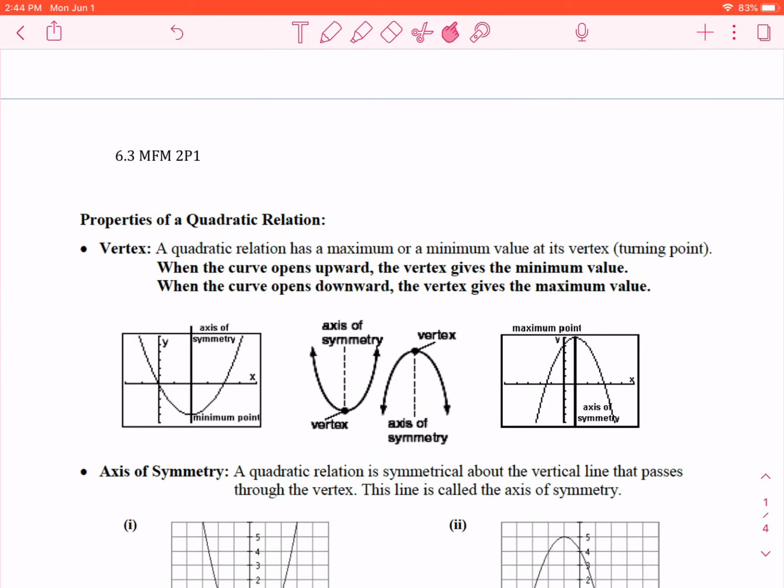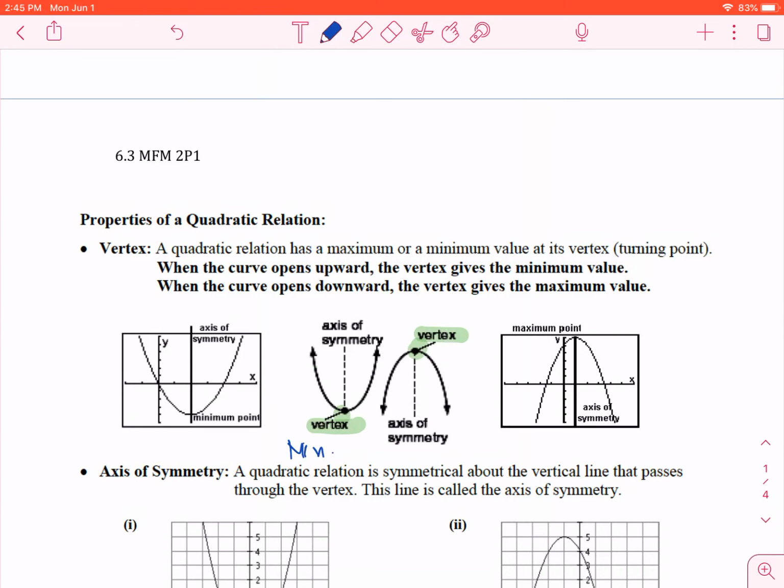Okay, so at the very top of the second page here, just to highlight a couple things that I've already mentioned. Your vertex, again, is your turning point, and it's a very obvious thing to look out for. When you open up, you have a minimum.